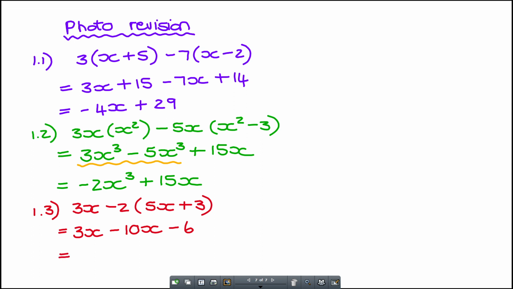And now, again, you will see that we have like terms here in the beginning. 3x minus 10x will give me minus 7x, and then the minus 6 just stayed like it was. No, it's not FOIL. All I multiplied in was this minus 2. Why not the 3x? Because there weren't brackets around it, so the 3x is completely separate. You guys good?